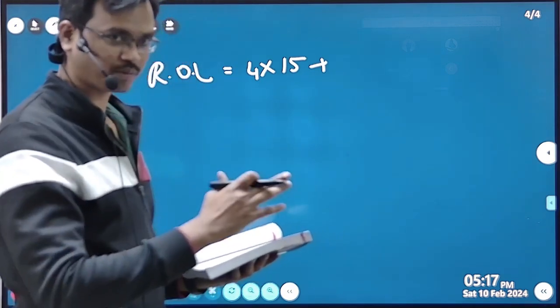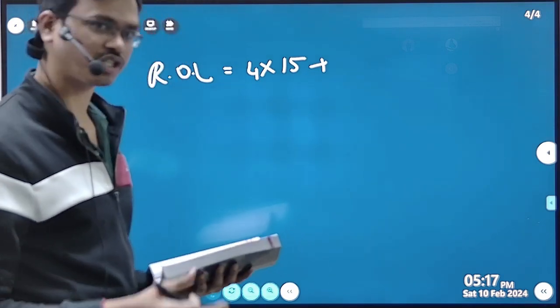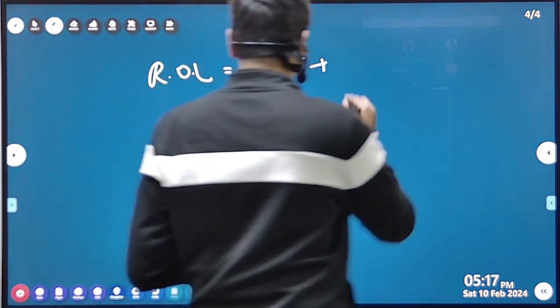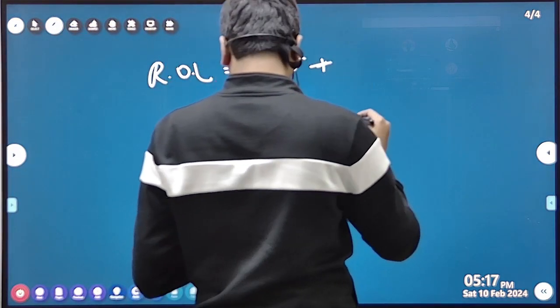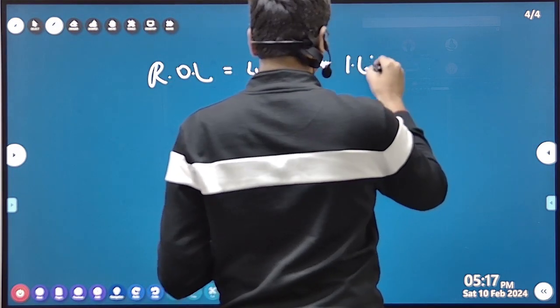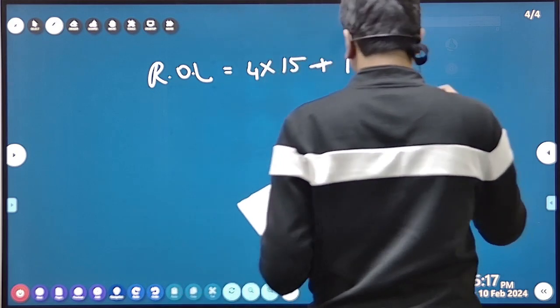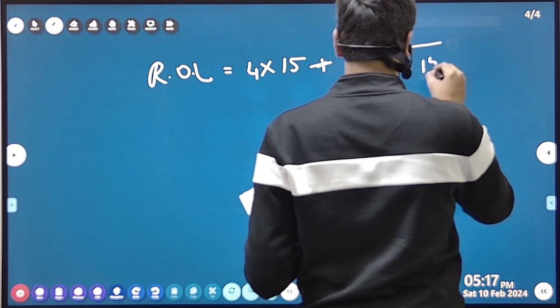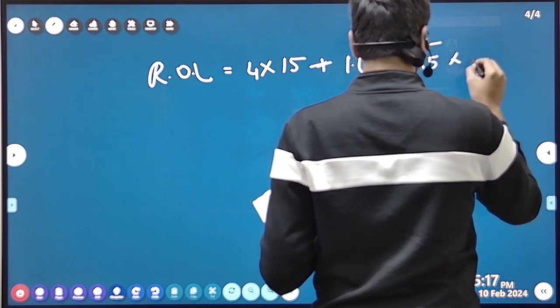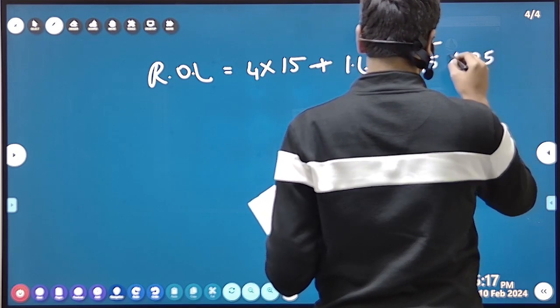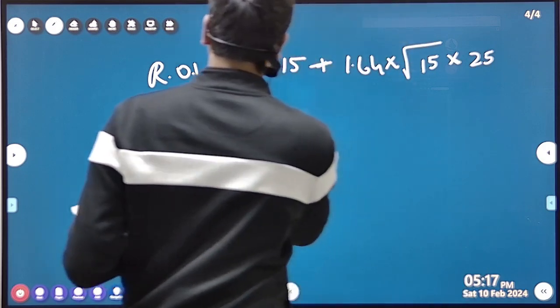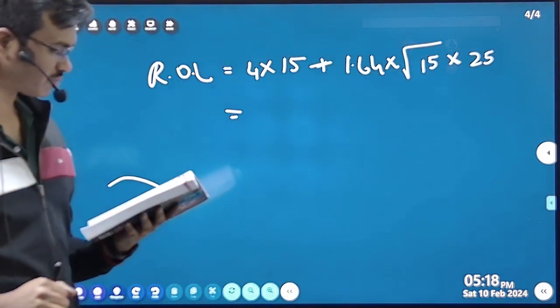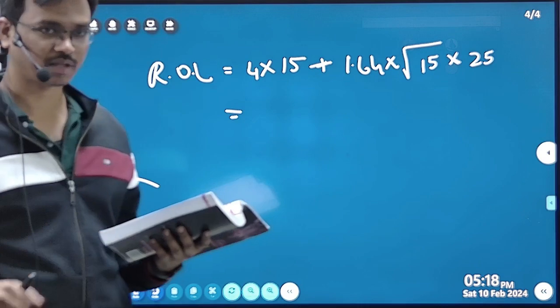Actually, it is maximum usage, but if he doesn't give the maximum usage, it is average usage. So 4 into 15 plus 1.64 into under root of 15 into 25. Here he has made a mistake, but this is the formula.